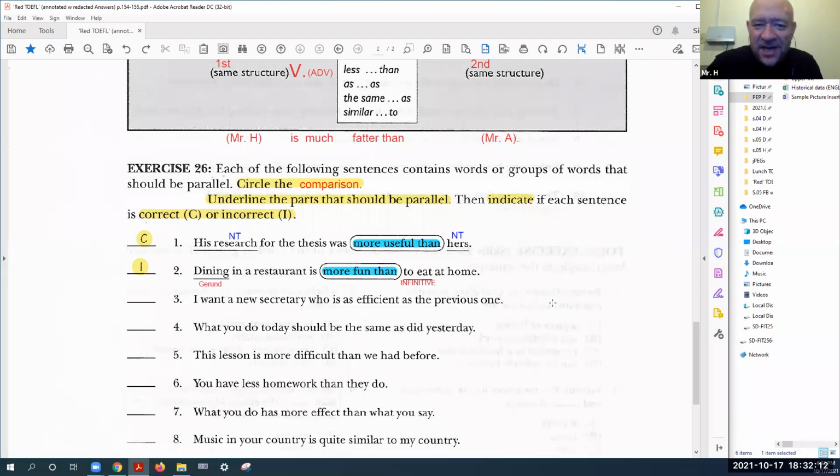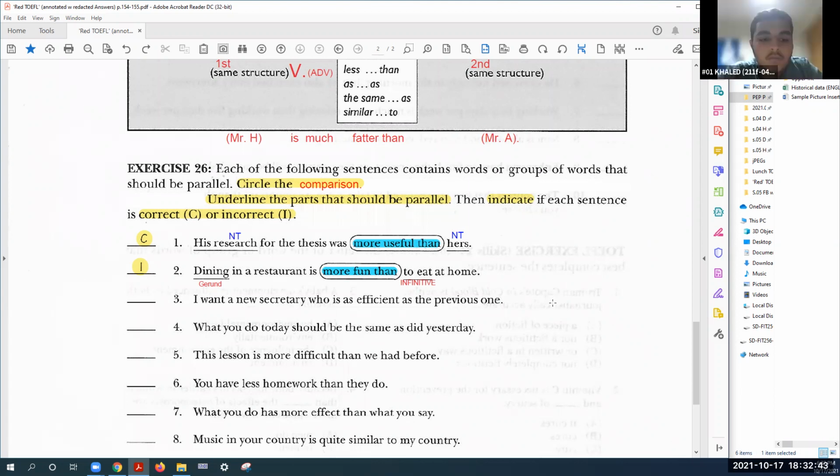Osama, section 5. Dining in a restaurant is more fun than eating at home. Okay, so two gerunds, right? Khalid, do you have another option, another choice? To dine in a restaurant is more fun than to eat at home. Yeah, you can use two infinitives or you can use two gerunds.